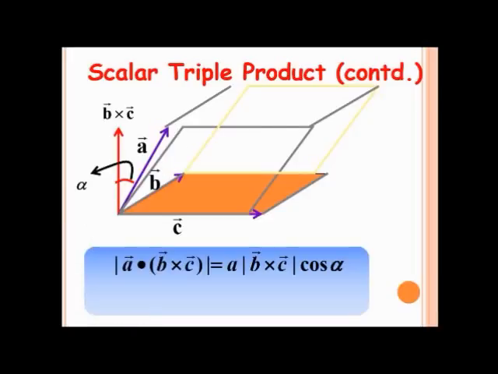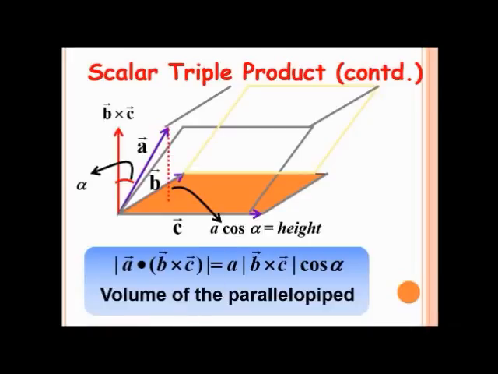So we get A dot B cross C, and this is the net result of the scalar triple product, A times B cross C times cos alpha. And this has a very important geometric interpretation, that is it gives the volume of a parallelepiped.